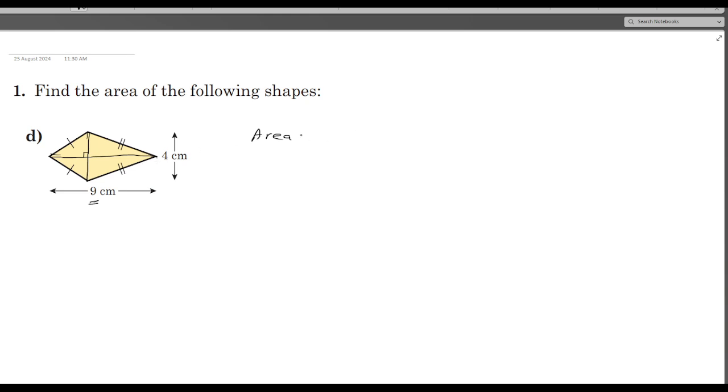So area of a triangle is half into base into height. So here you can consider this height as 2 centimeter and this height as 2 centimeter. So your formula for area is half times base, we can consider 9, times the height, 2 centimeter here, and for the other triangle also it is 2 centimeter, so we can say 4 centimeter.